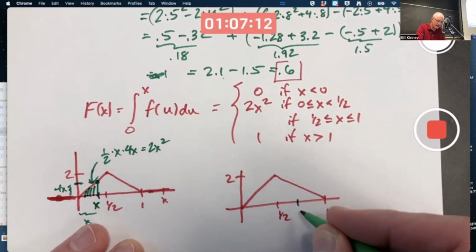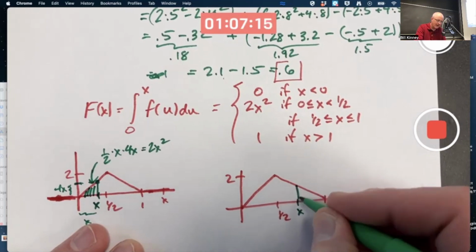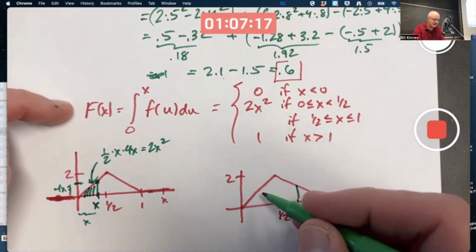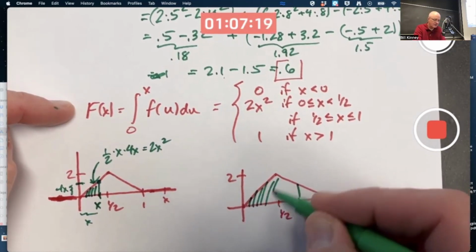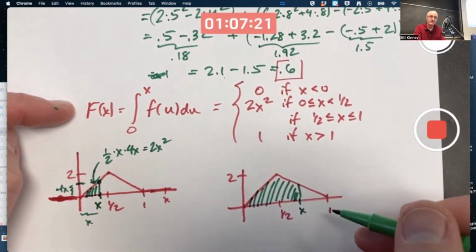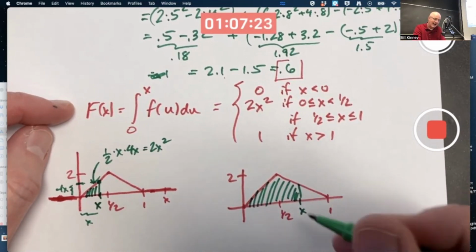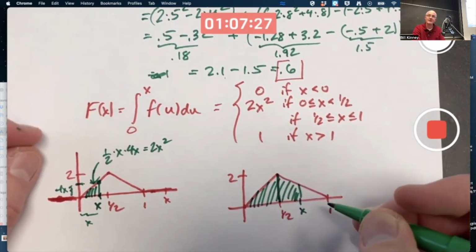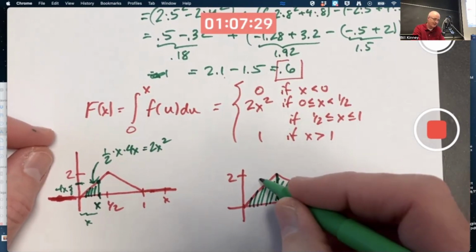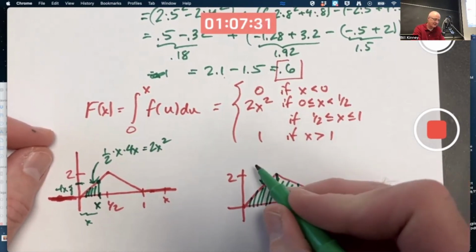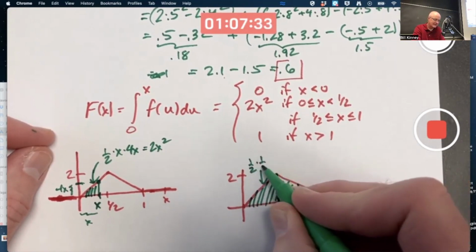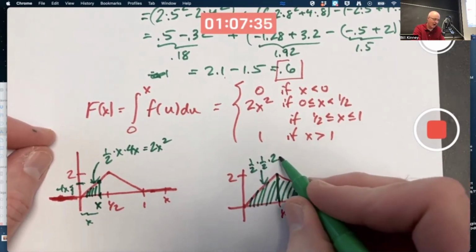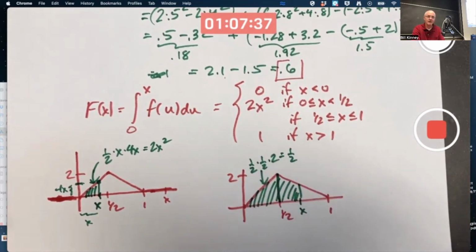Anywhere you want between 1/2 and 1, say right there. The function still is defined by an integral. I'm trying to find the area of this region. It's not as bad as it looks because you can break it up into a triangle and a trapezoid. The area of this triangle right there is a constant, 1/2 base times height. Oh, 1/2, half the total area under the curve.